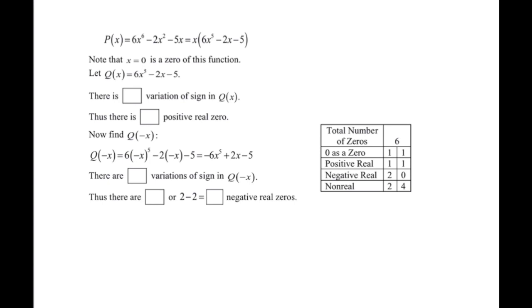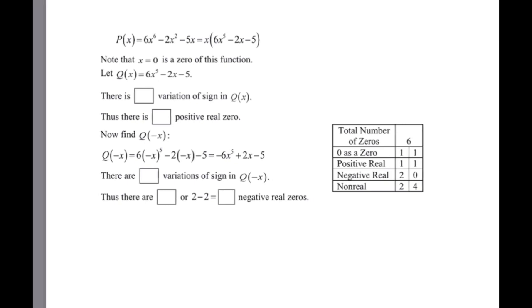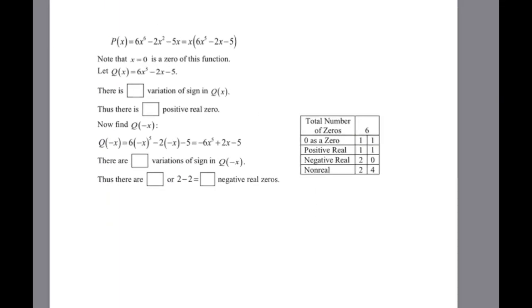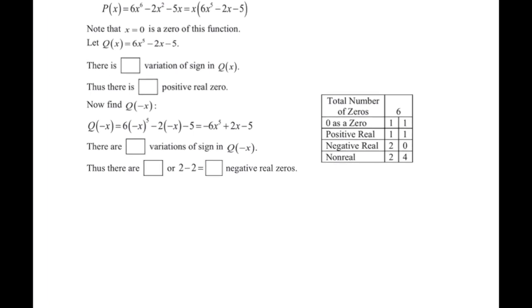Oh, but notice, when I look at my function here, they're all divisible by x. When I divide everything by x here, we know that x is a 0 because we would set each factored part equal to 0, so x would have to be equal to 0. So we can expect 0 to be a 0 of itself.